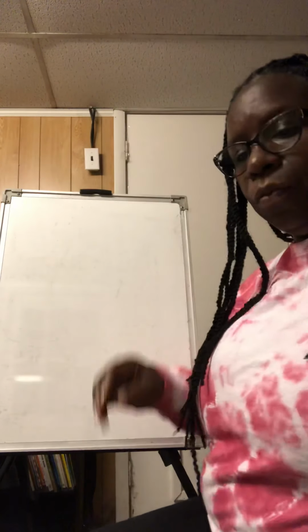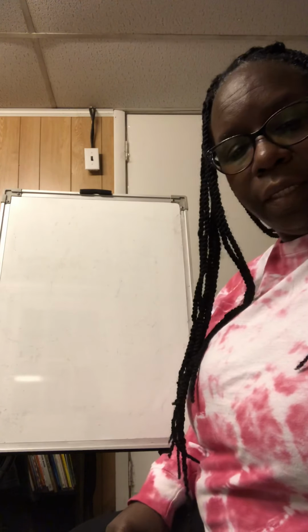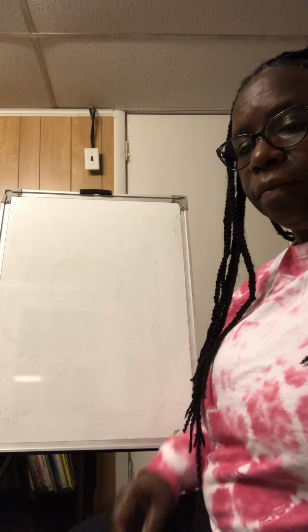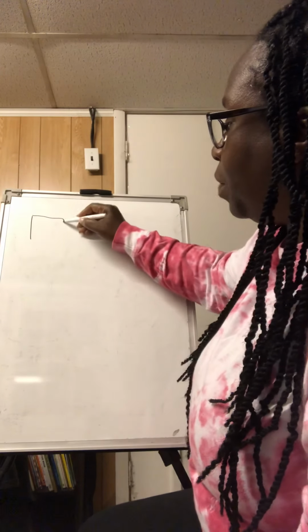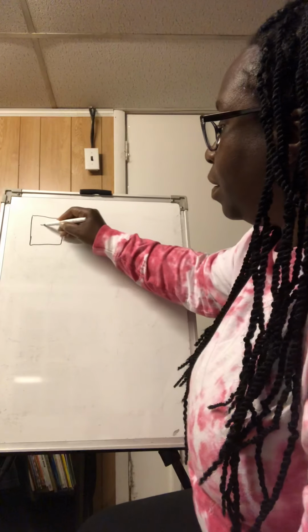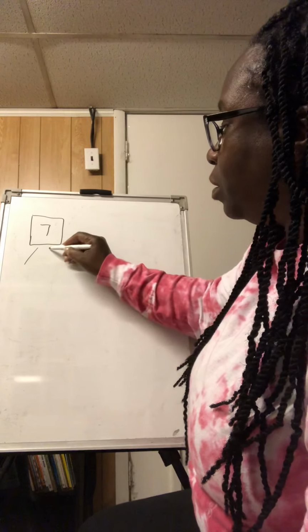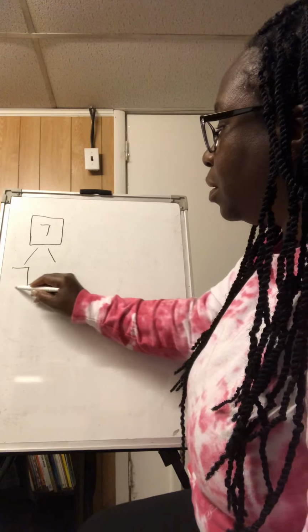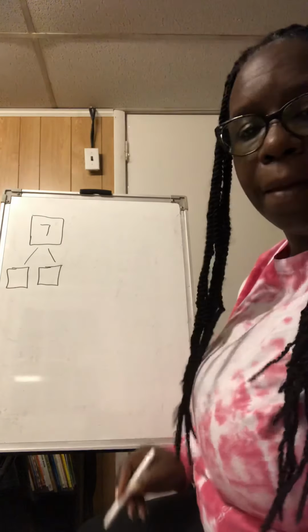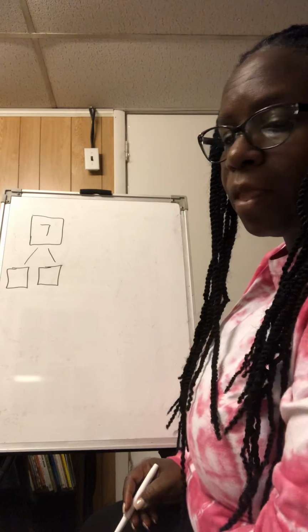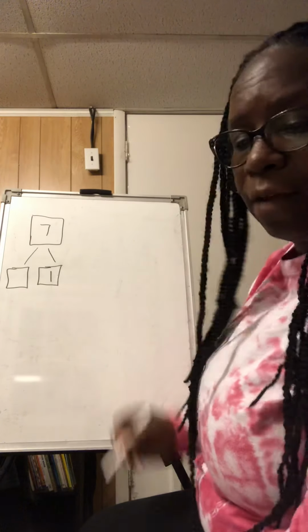Okay? So let's do this one together. This one has a big block with the 7. Then our 2 small blocks. Okay? And then one of our blocks, they gave us a 1.